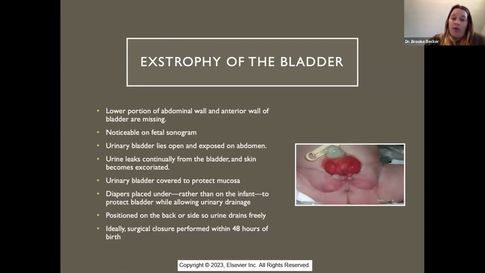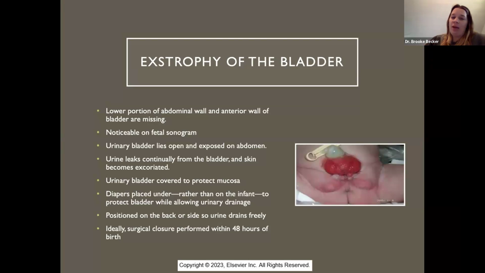You'll have to protect the urinary bladder mucosa. Usually they have a moist dressing around the mucosa of the urinary bladder so that it doesn't dry out until they're able to have the surgery. Surgery is usually performed within 48 hours after birth.